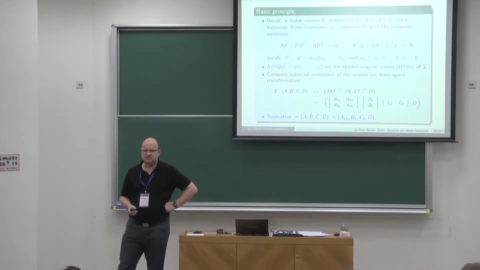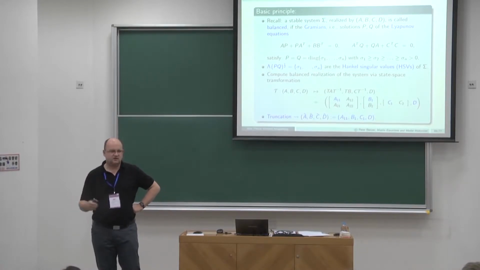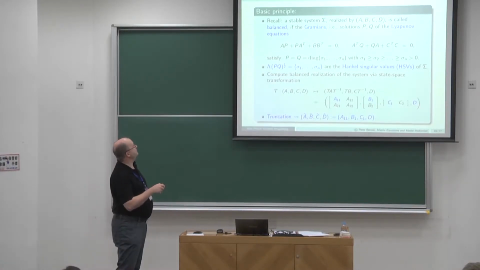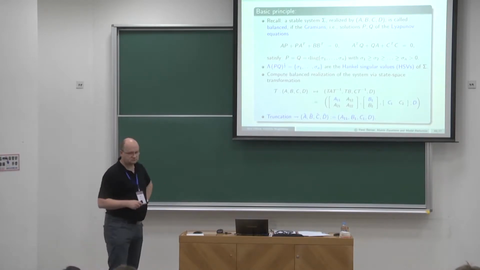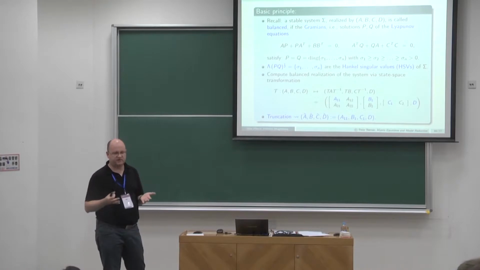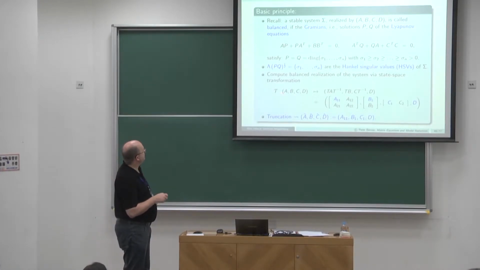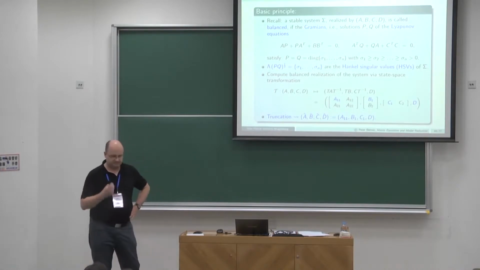If n is 100,000, you don't want to do that. So we have to find ways to avoid solving for P and Q, or to somehow make it efficient to solve these equations or get the information that we need. And point B, we need to avoid explicitly computing this transformation.